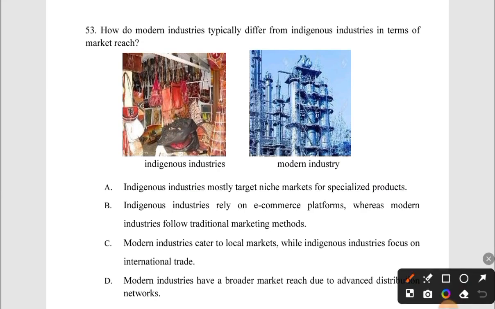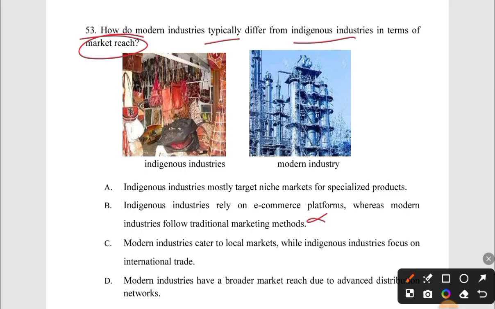53. How do modern industries typically differ from indigenous industries in terms of market reach? A. Indigenous industries mostly target niche markets for specialized products. B. Indigenous industries rely on e-commerce platforms, whereas modern industries follow traditional marketing methods.